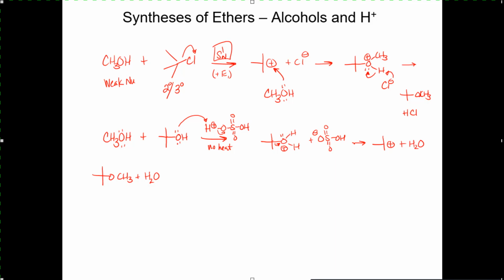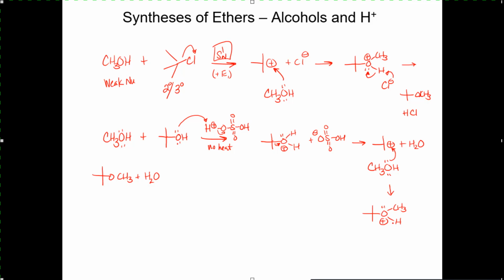Great. Now what's going to happen? Well, now my methanol molecule is going to come in. It's going to add to that carbocation. It's my nucleophile now. To form the oxonium ion. And now what's going to happen?